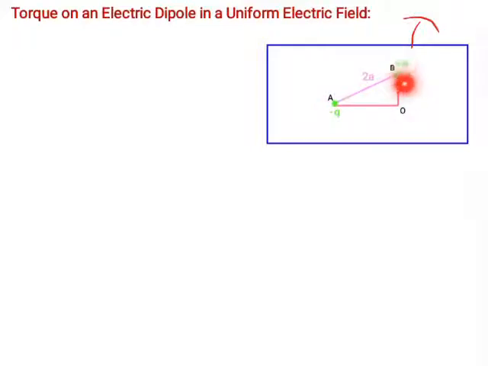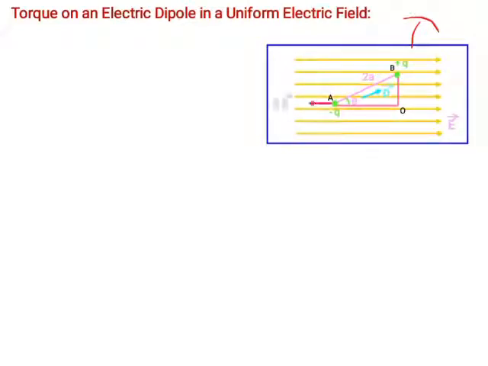We join the points B, O, A to complete this right angle triangle. The angle between AB and AO is theta. P is the dipole moment, a vector quantity, and the dipole moment direction is always from negative charge to positive charge. That is the reason this arrow mark is from A to B.